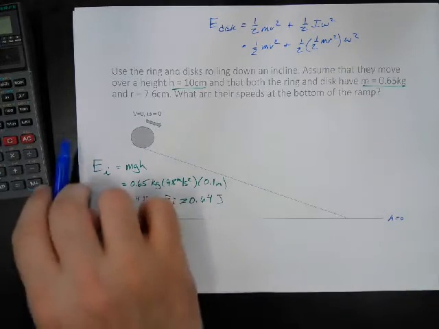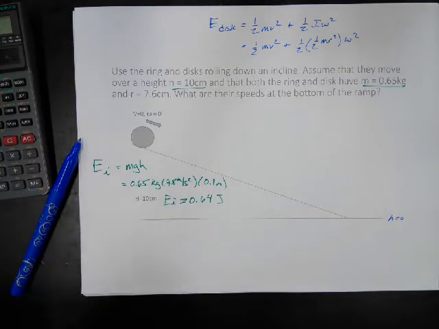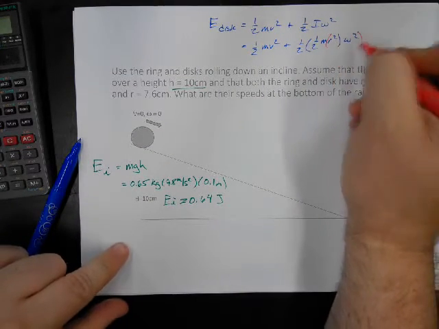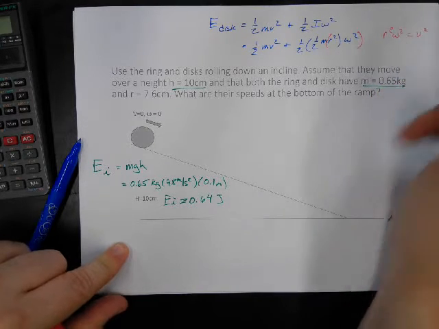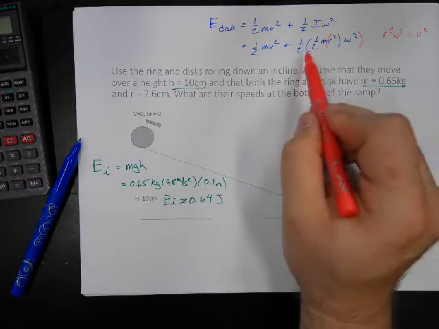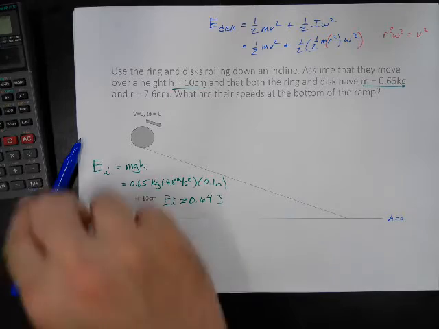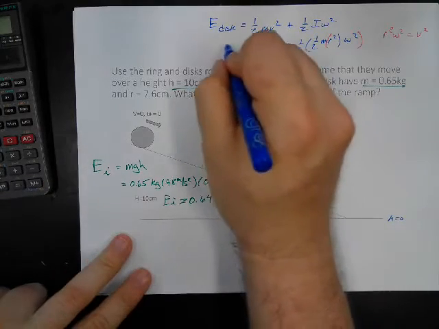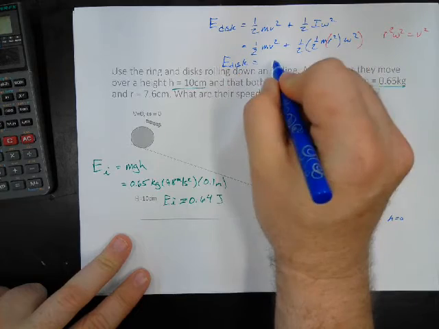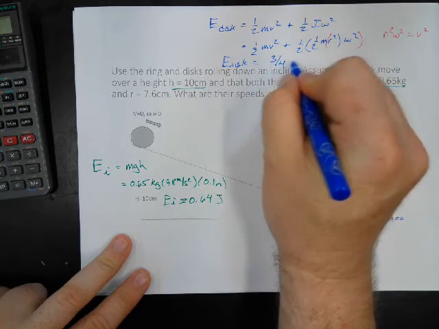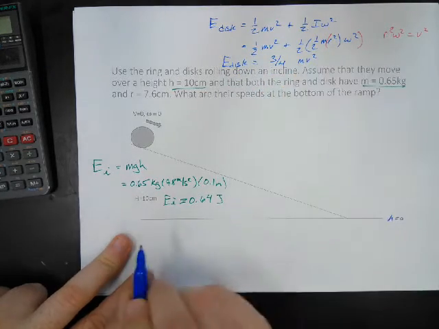Now, we're going to regroup this. The r squared omega squared is v squared. So this is effectively 1/4 mv squared. And so the energy for the disk is 3/4 mass times velocity squared.